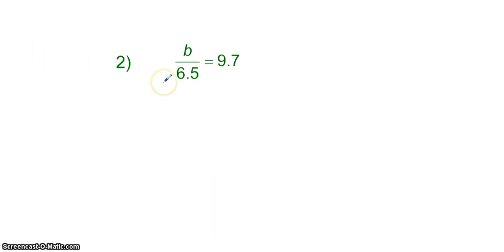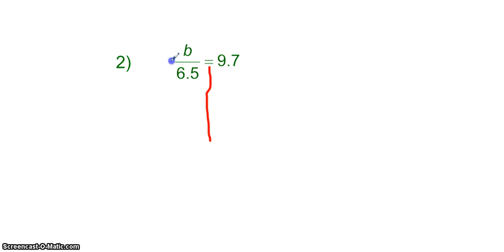Now let's look at example number 2. Again, let's draw a line in the sand. And we have b divided by 6.5 equals 9.7. Remember that fraction bar means divide, in this case, divided by. So to undo division on the left side, to get b by itself, we are going to use multiplication.